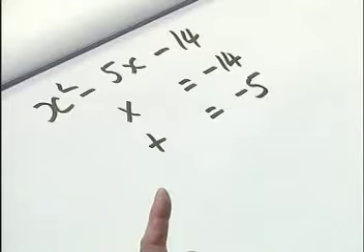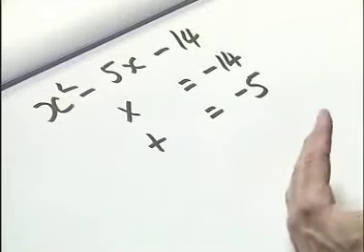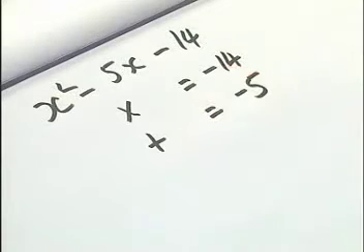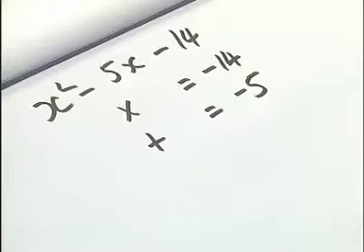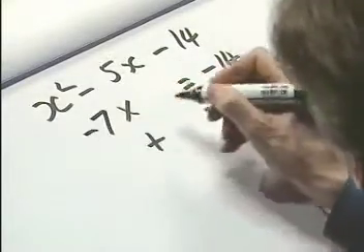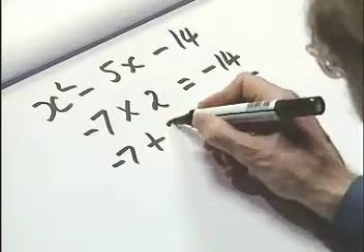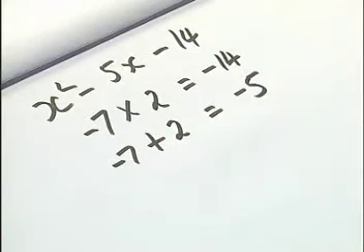So can we play with 7 and 2? Well, if we made it minus 7 and plus 2, then minus 7 times plus 2 would give us minus 14, and minus 7 plus 2 would give us minus 5. So minus 7 and 2 look like the two numbers that we need.